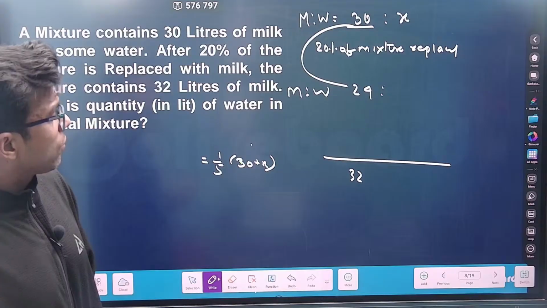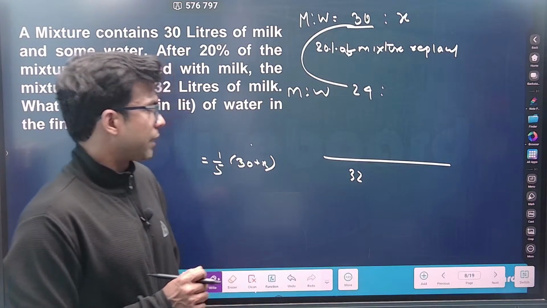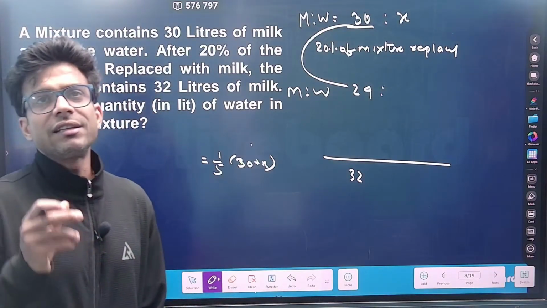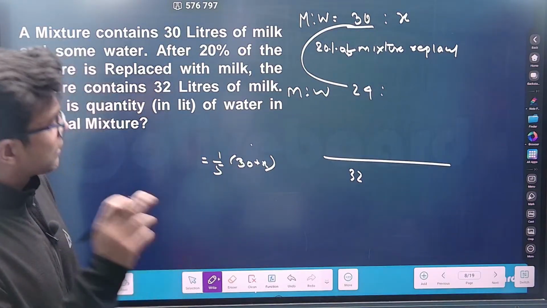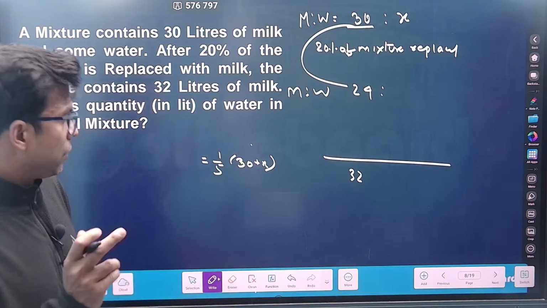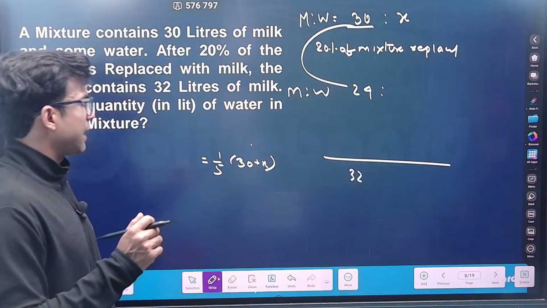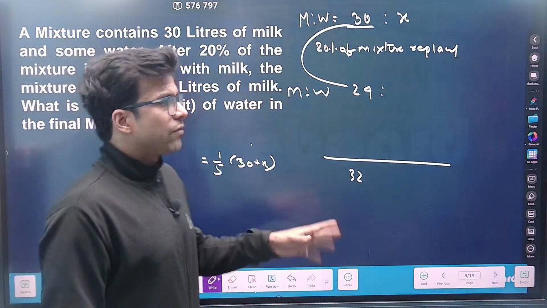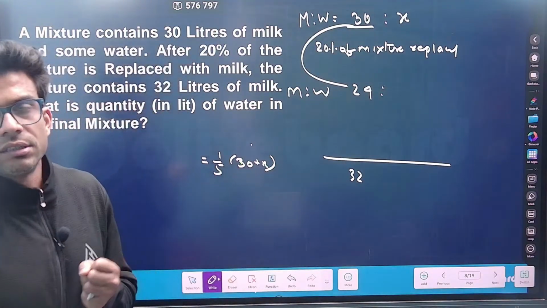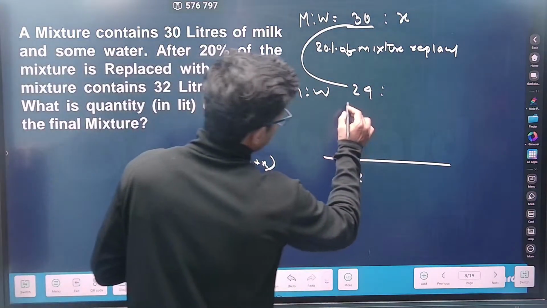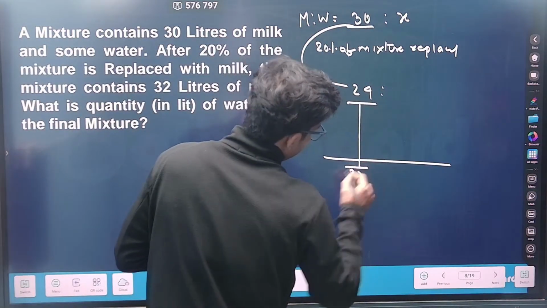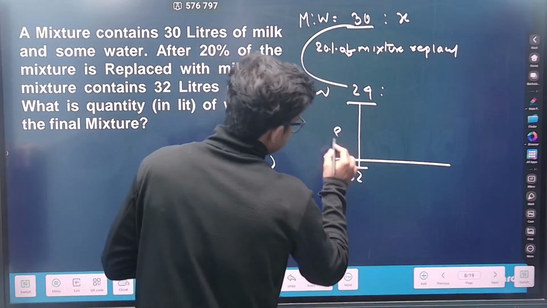If you want your ratio to remain the same, what do you need to add over here? Your mixture is getting replaced. Is it right, everyone? Now see, if 24 becomes 32, how much is getting added? 8 is getting added.